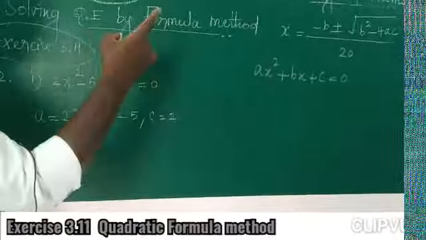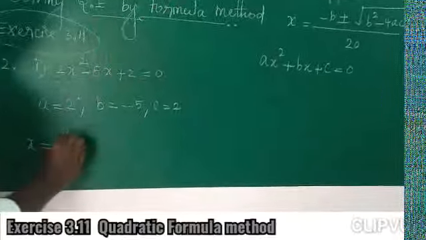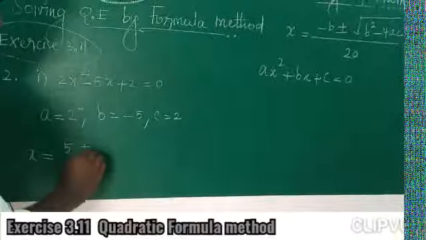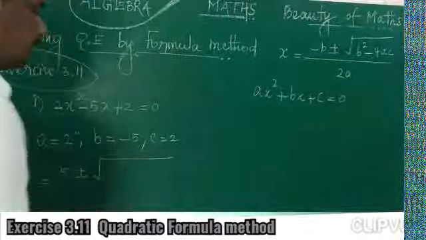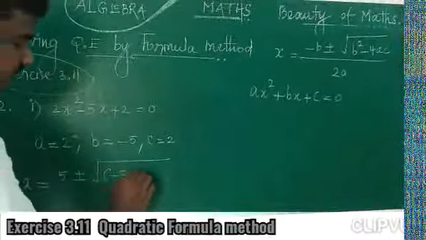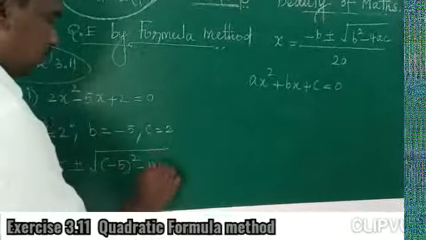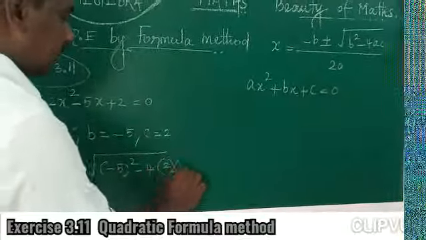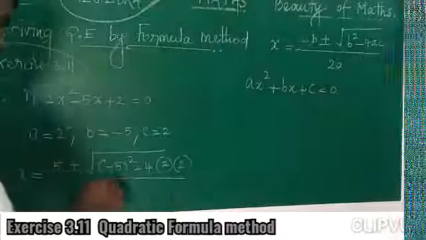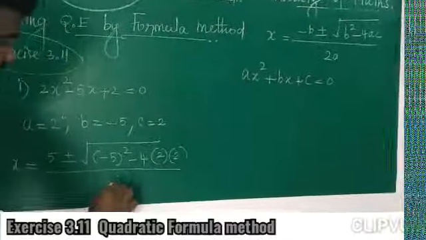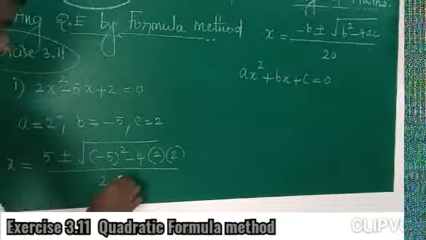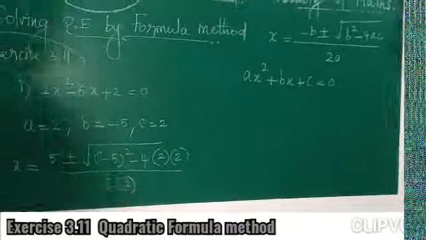Minus b. Minus is there. Minus into minus is plus. So plus 5 plus or minus root of b square, so minus 5 square, minus 4 into a value 2 and c value is also 2, whole divided by 2a. So 2 into what is the value of a? 2. 2 into 2.